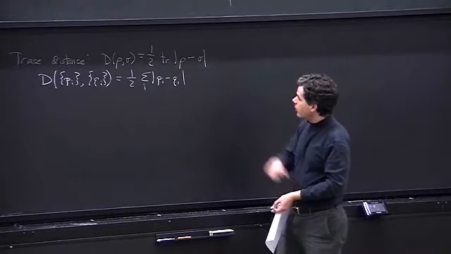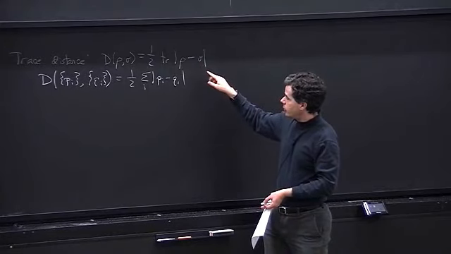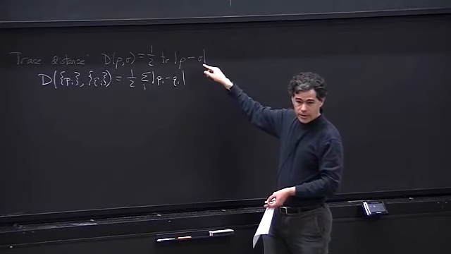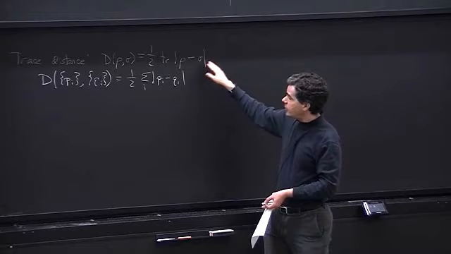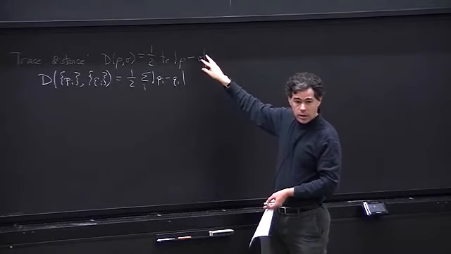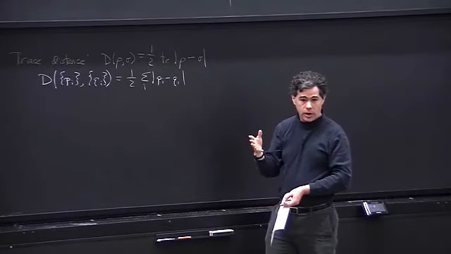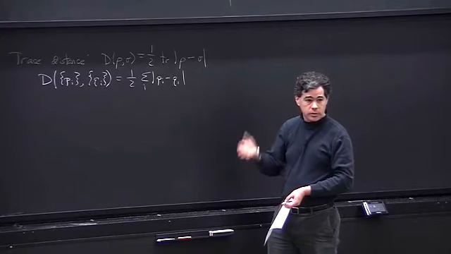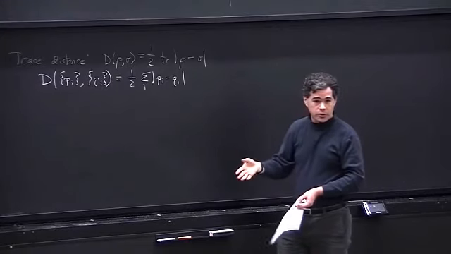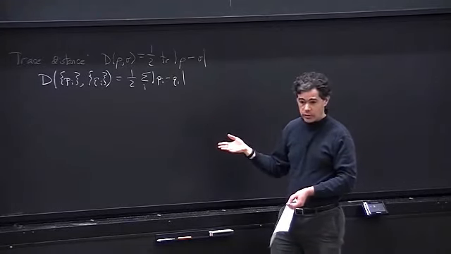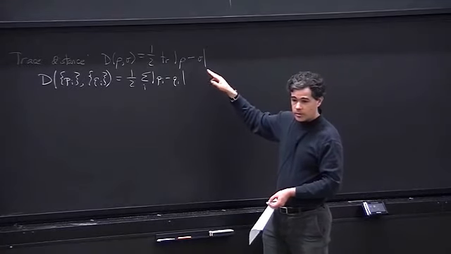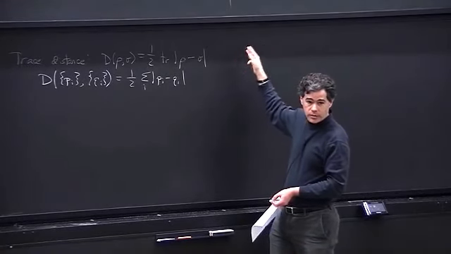So the other thing is that rho minus sigma is Hermitian, so it's diagonalizable. So the easiest way to calculate this is just to diagonalize rho minus sigma. You get this set of eigenvalues. So the trace is just going to look at the eigenvalues. You take the absolute value of the eigenvalues. And so this is the sum of the positive eigenvalues minus the sum of the negative eigenvalues.